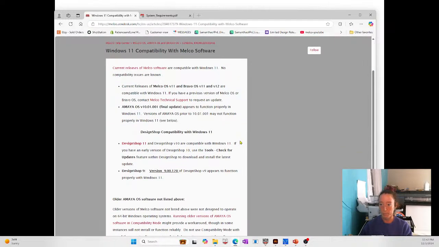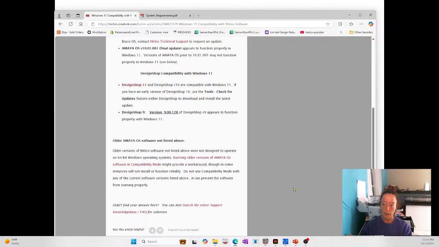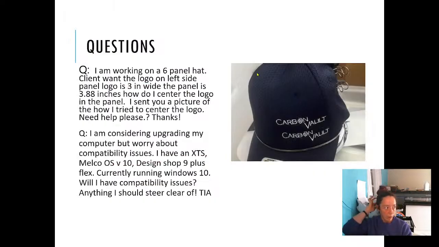It's the first one. So it'll show you what's compatible with what in here. So like I said, I don't have any issues. And I run an old AOS on the latest Windows, as well as the latest OS for my X machines. So it's all good.